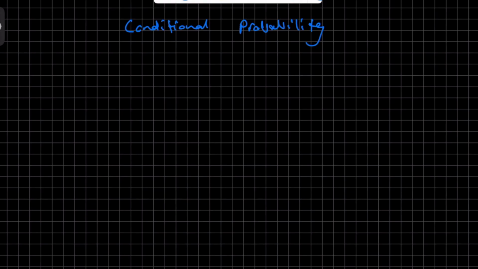To illustrate this concept, let's use a deck of cards. Let's define event A as drawing a king. Our probability of drawing a king would be the 4 kings found in our deck of cards, all over the 52 cards in a deck.